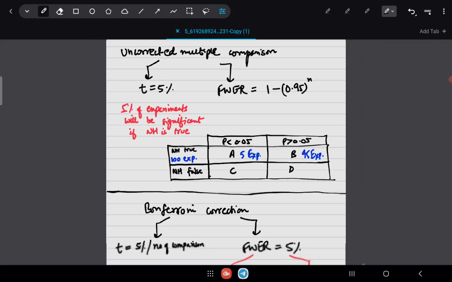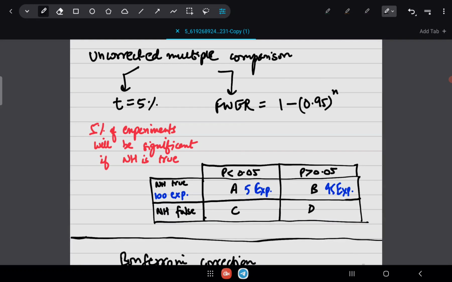In case of uncorrected multiple comparisons, when we have not corrected for multiple comparisons, the significance threshold for each comparison, that is the per comparison error rate, is 5%. So at least 5% of all the uncorrected experiments can give a significant p-value even if the null hypothesis is true.